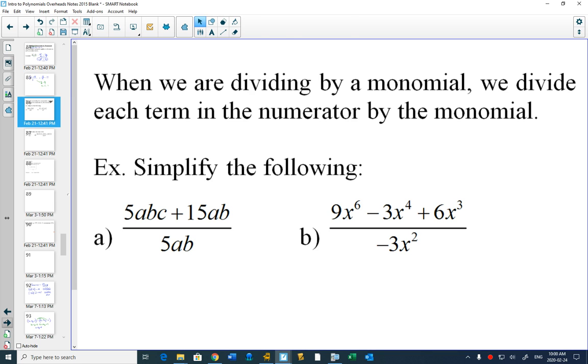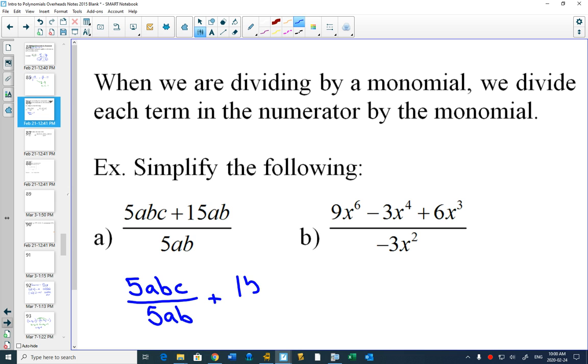So for our setup step, we rewrite the first one, 5abc, and say, I'm going to divide that one by 5ab. And we write our second one, the 15ab, and I'm going to divide that one by 5ab.